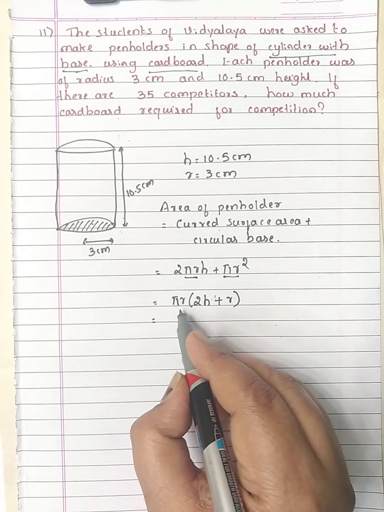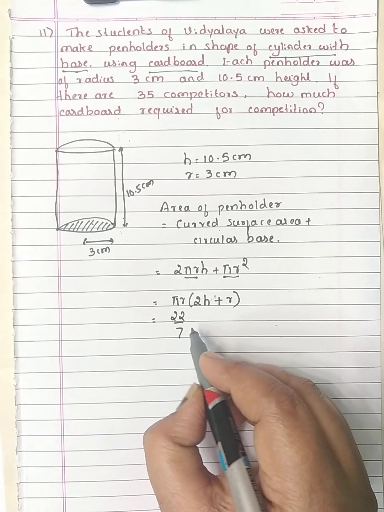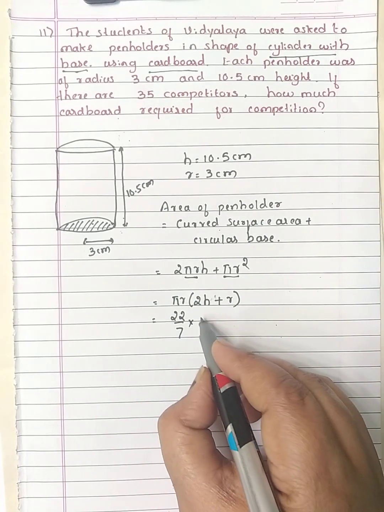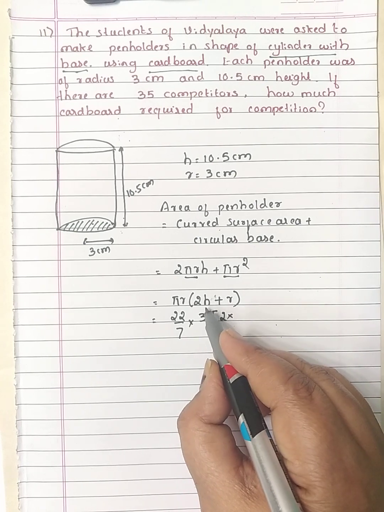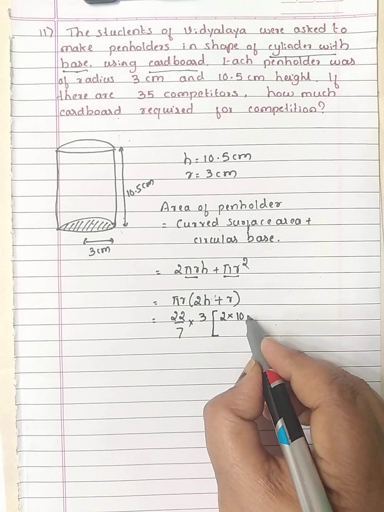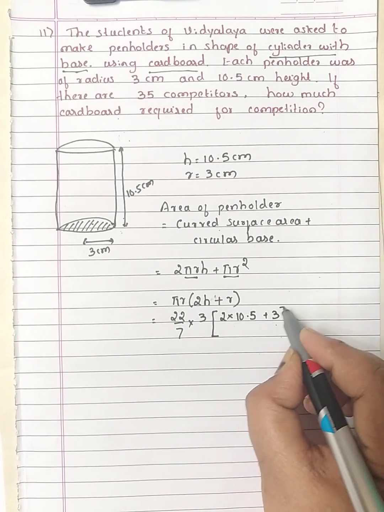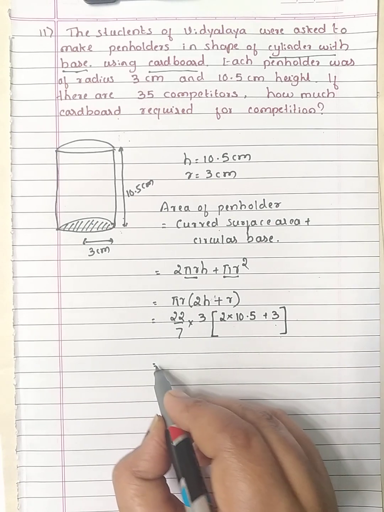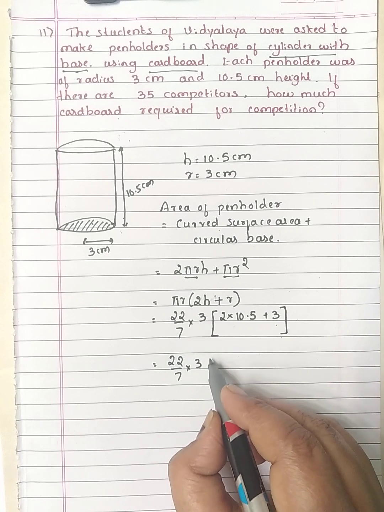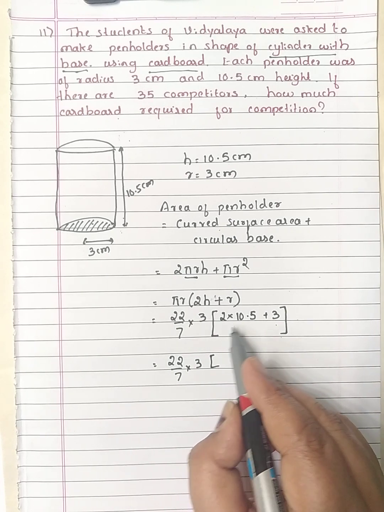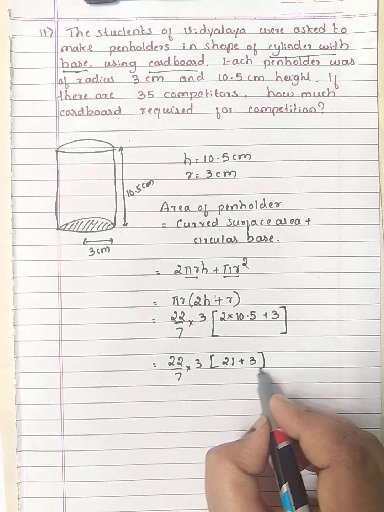Now we substitute pi, r and h. Pi is 22 by 7, radius is 3, and again 2 into h. H is 10.5 plus r. R is 3. That is 22 by 7 into 3 into 10.5 into 2, it becomes 21 plus 3.